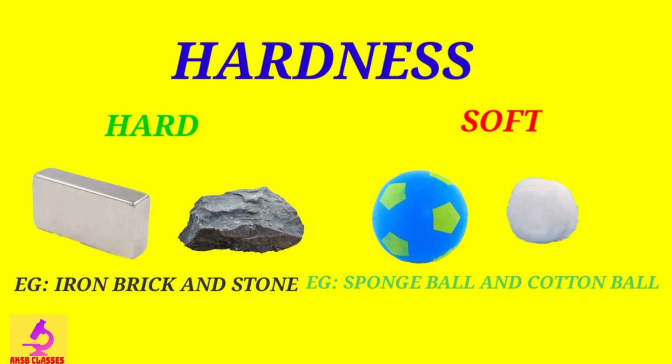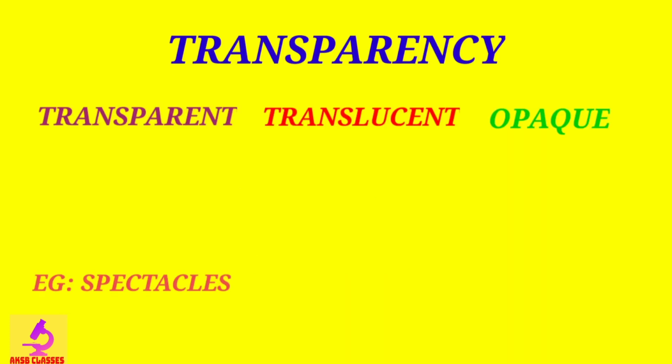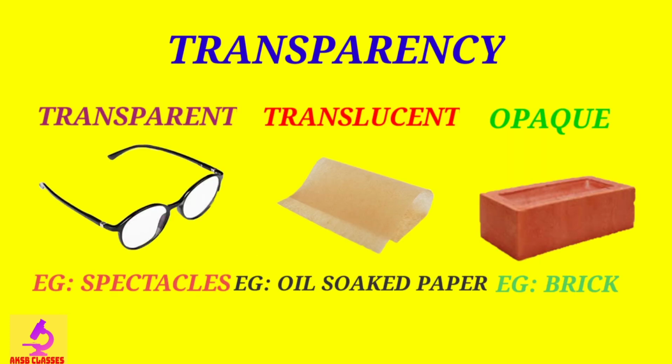Next, these are the different properties we can consider. Another property is transparency. Transparency means an object through which light can pass from one side to the other side.